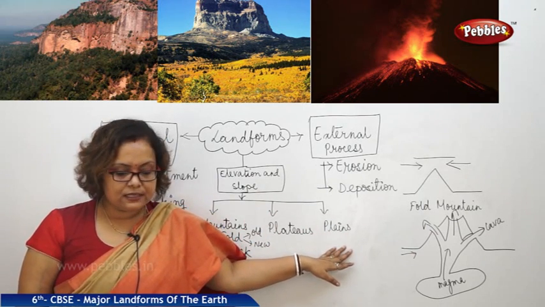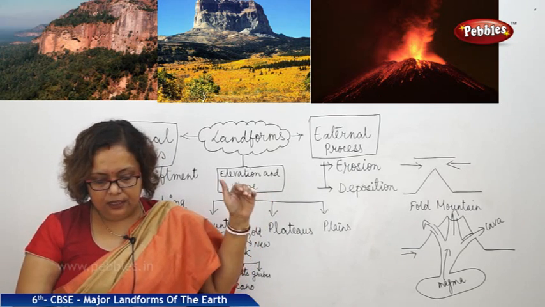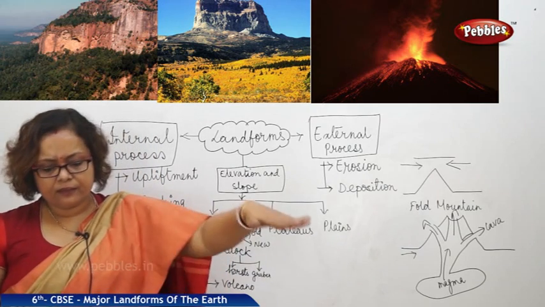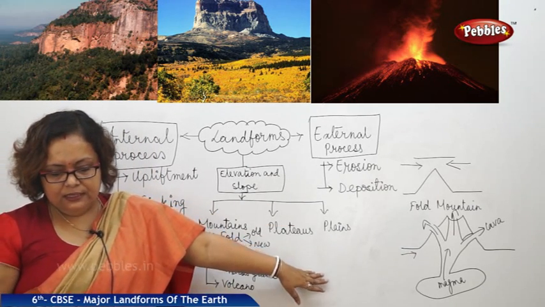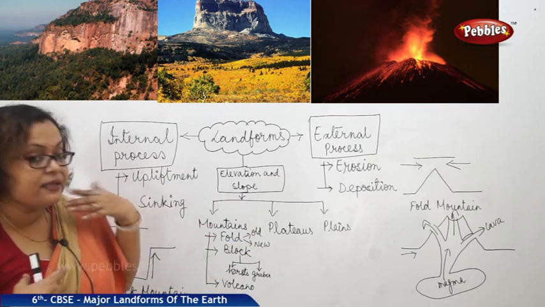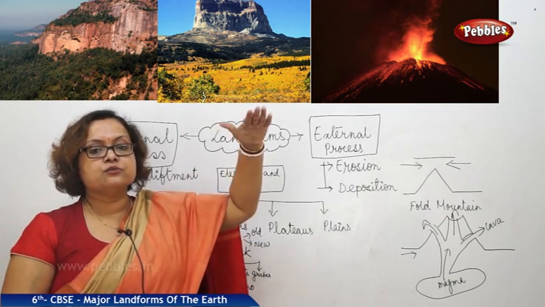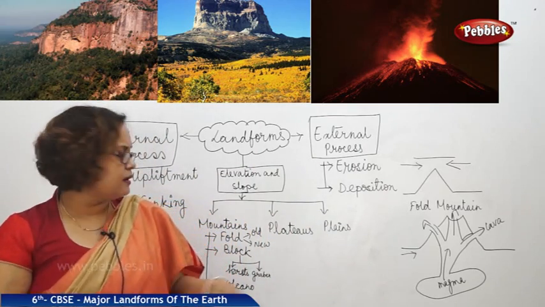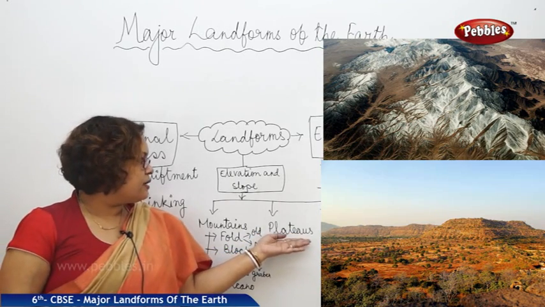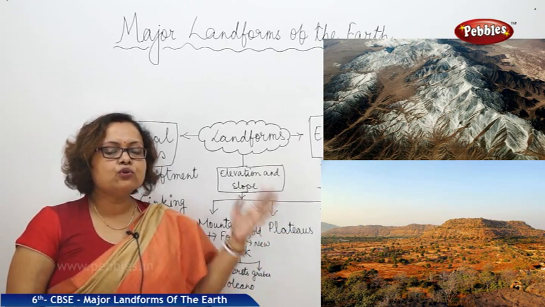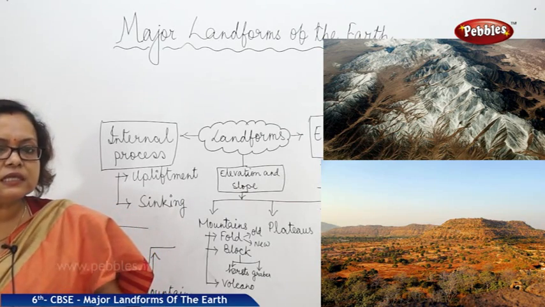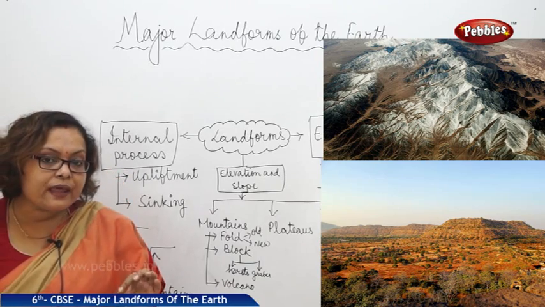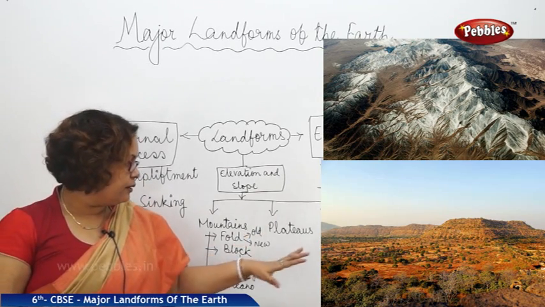By the name we can see that plains are about 200 meters near the mean sea level, whereas plateaus are much higher than plains. Plateaus have an average height of 4,000 to 6,000 meters from the mean sea level. The Deccan Plateau is an example of one of the oldest plateaus in India, even in the world.